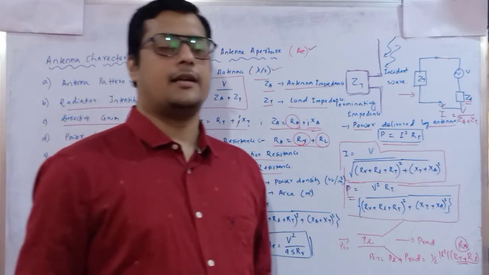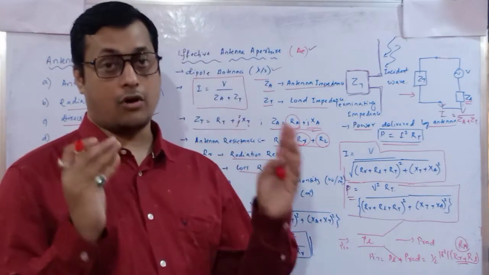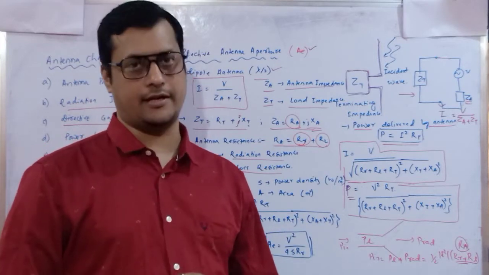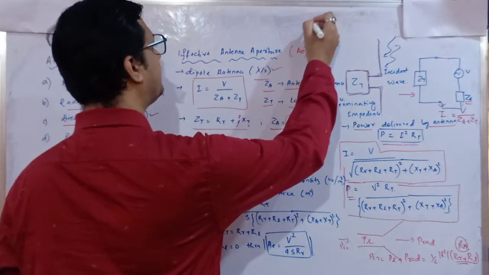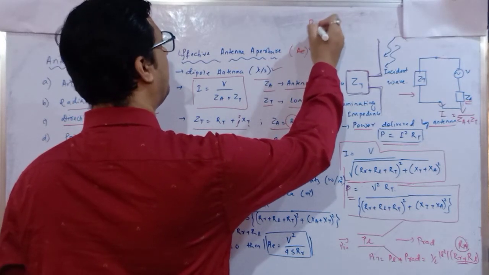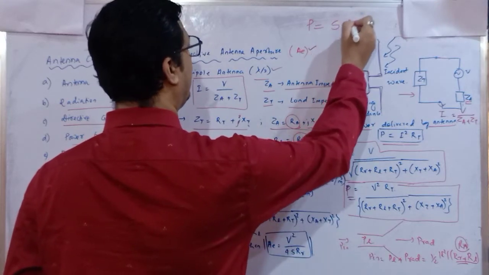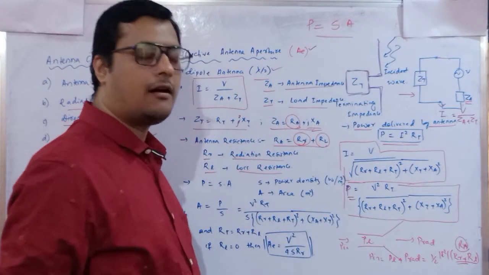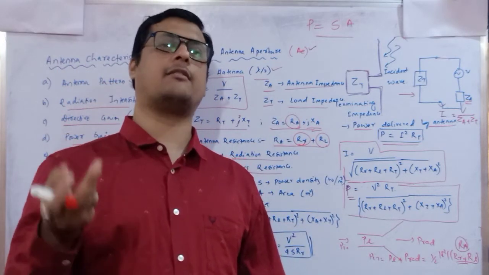Now total power dissipation where? In the antenna. At what cross section? That also we have to identify. For that we will use a simple relation: power is equal to S dot A, where S is the power density of that particular medium and A is the cross section.